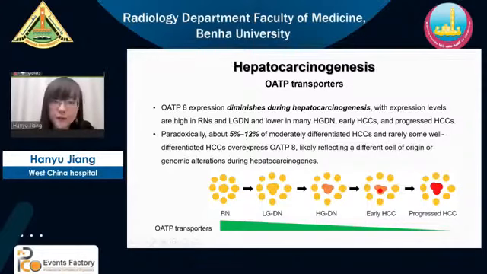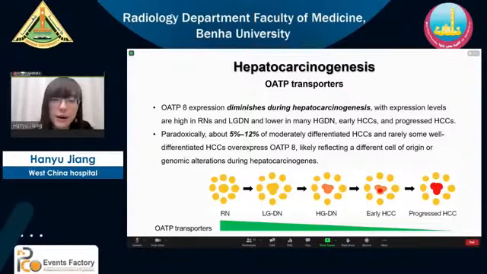Paradoxically, around 5 to 12% of moderately differentiated HCCs and rarely some well-differentiated HCCs overexpress OATP8, likely reflecting a different cell origin or genomic alterations during the multi-step hepatocarcinogenesis.